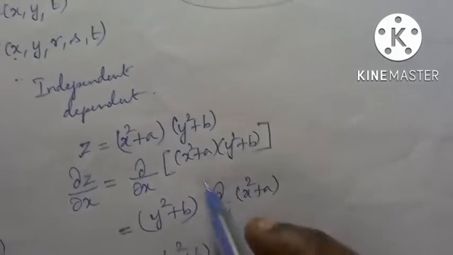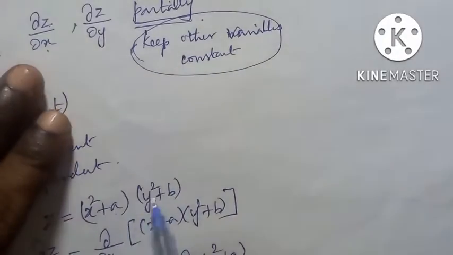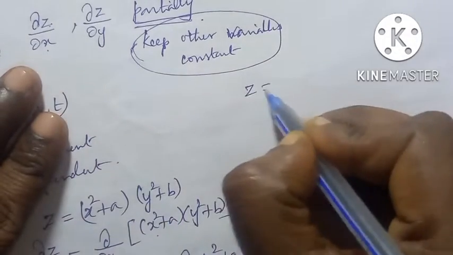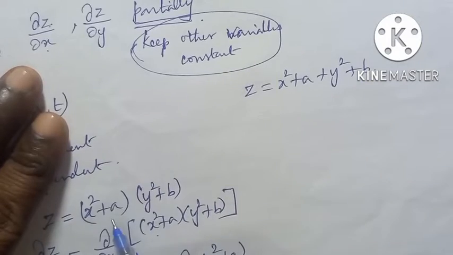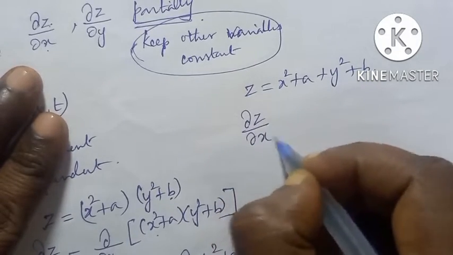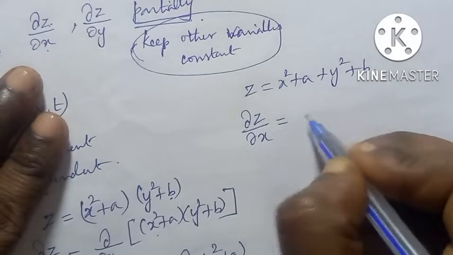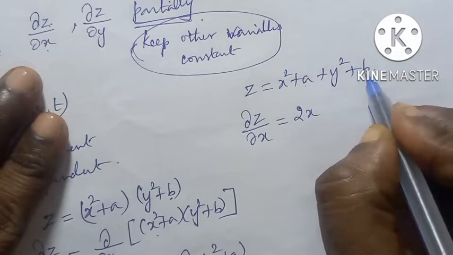Okay. So in case there is a plus in between instead of multiplication, let us take x square plus a plus y square plus b. Instead of multiplication, we have addition between. Differentiate z with respect to x partially. This becomes 2x, this becomes 0, this becomes 0, this becomes 0.